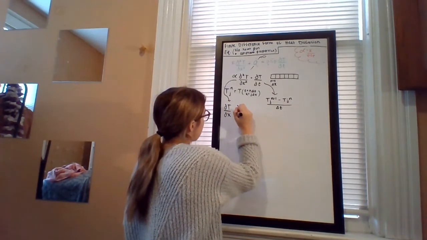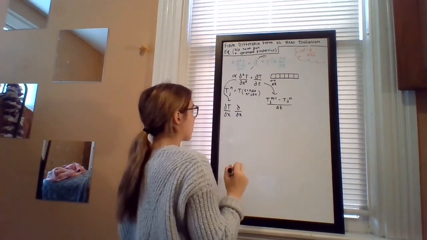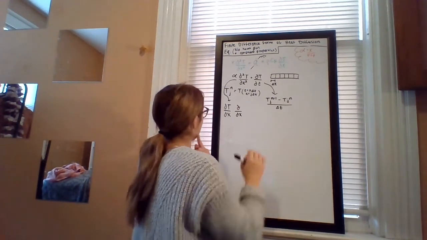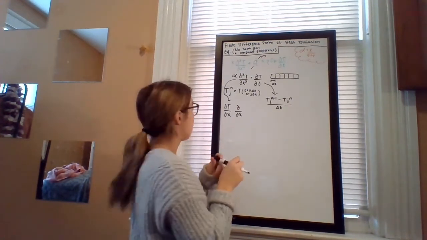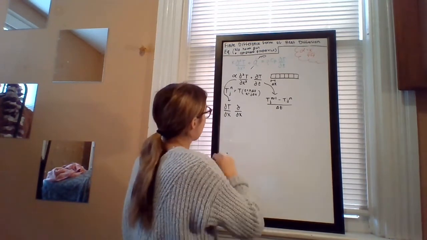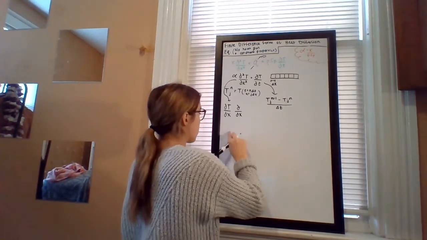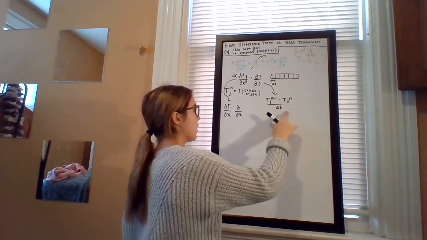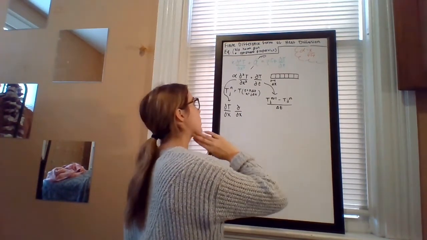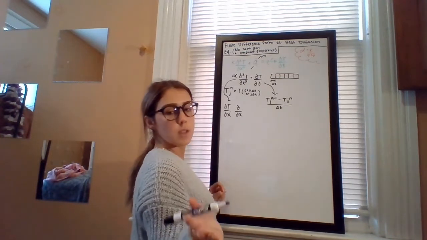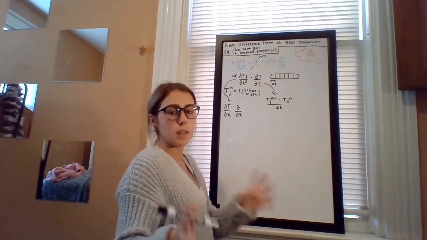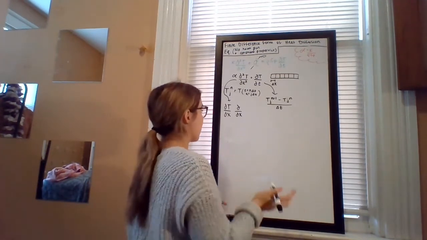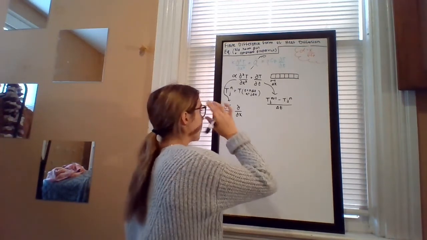Here we can split up the second derivative into this, because we're going to have to approximate the second derivative. You basically do the same thing that you did here, but you're subtracting at different positions in order to approximate the second derivative.